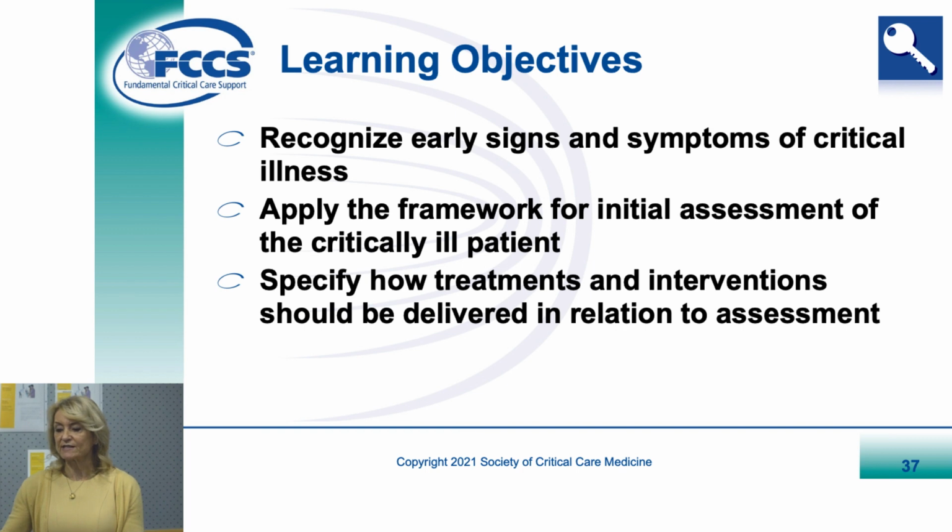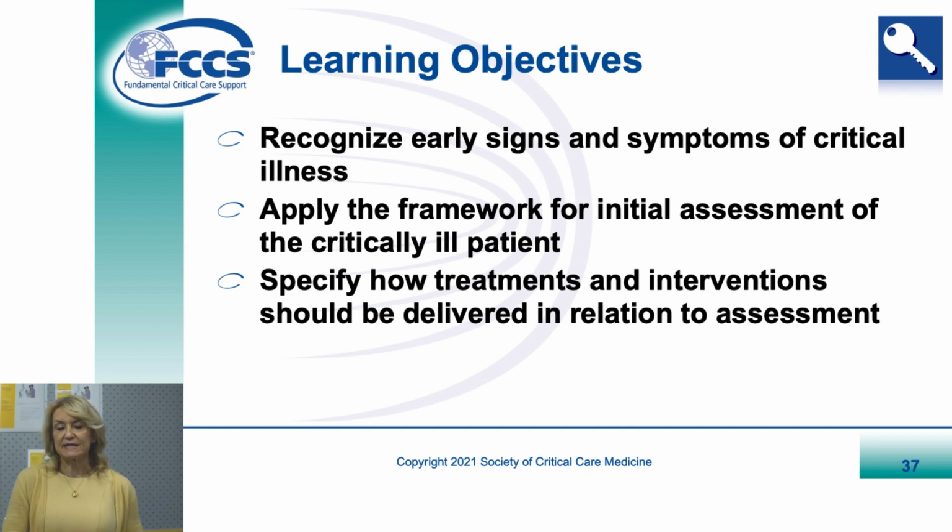So here's our objectives, and I hope that you have learned something from this case, that you have learned to recognize the early signs and symptoms of critical illness. You can now apply the framework, which is A, B, C, D, E, F, to the initial assessment of the critically ill patient.